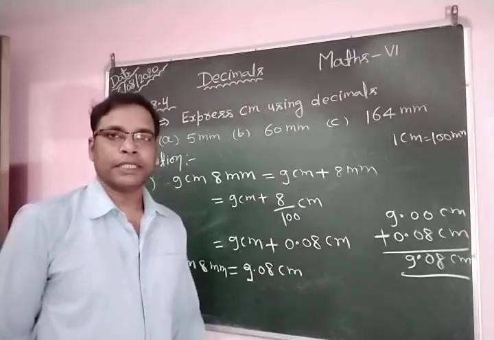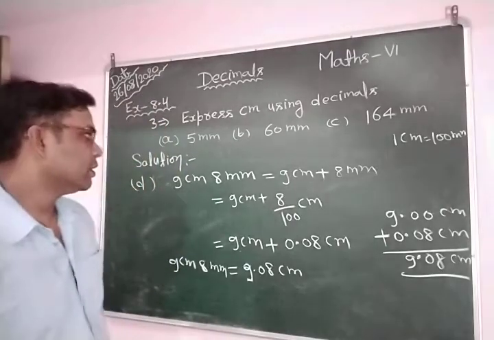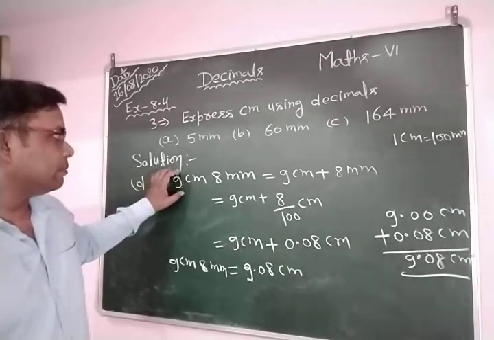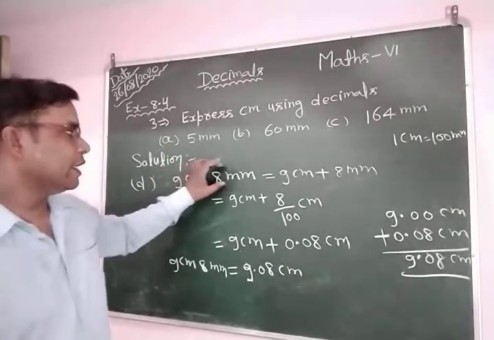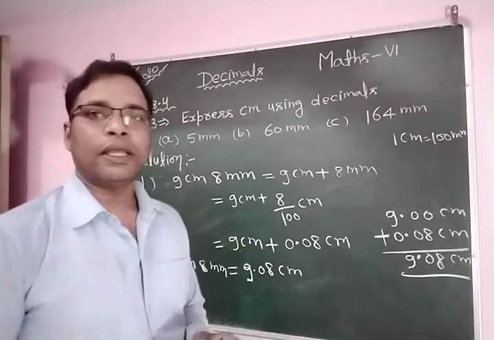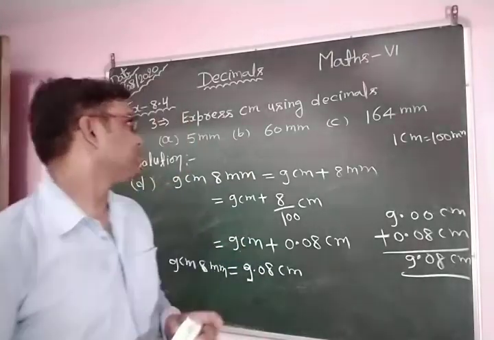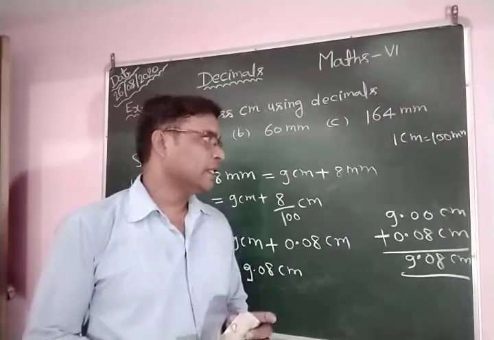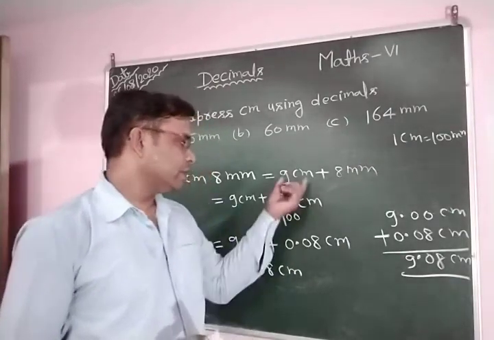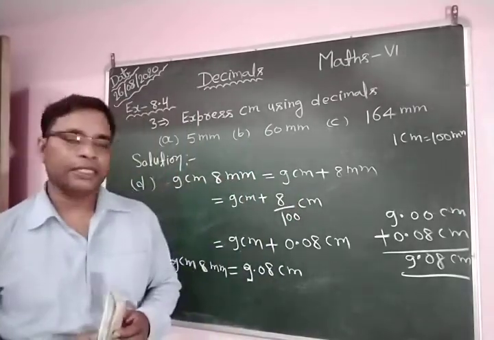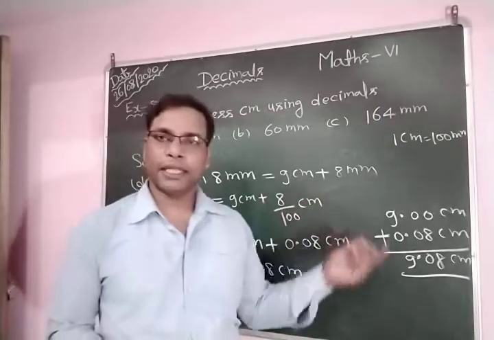Student, you can see the given problem is 9 centimeter and 8 millimeter. In these problems, centimeter and millimeter are mixed, but we express it in centimeter using decimals. So 9 centimeter 8 millimeter is equal to 9 centimeter plus 8 millimeters.